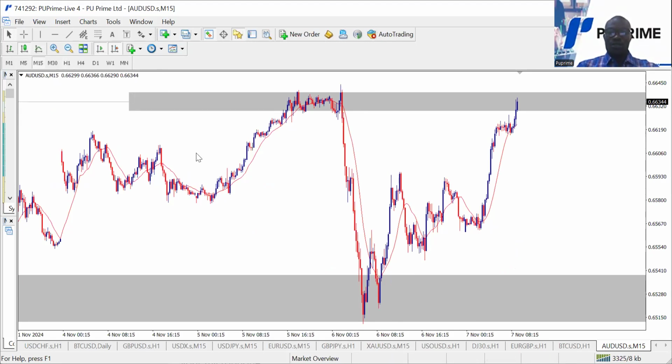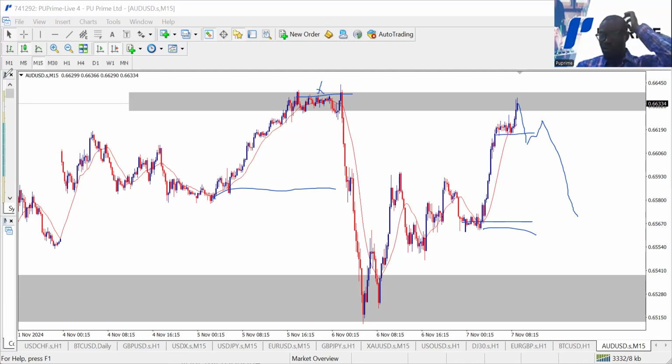If you look at it, this resistance zone is what some SMC guys call liquidity. It took out liquidity, broke out this structure, and now the market is already there. So once the market breaks this demand zone, then probably a retracement, you can sell down to the 0.65670 region.